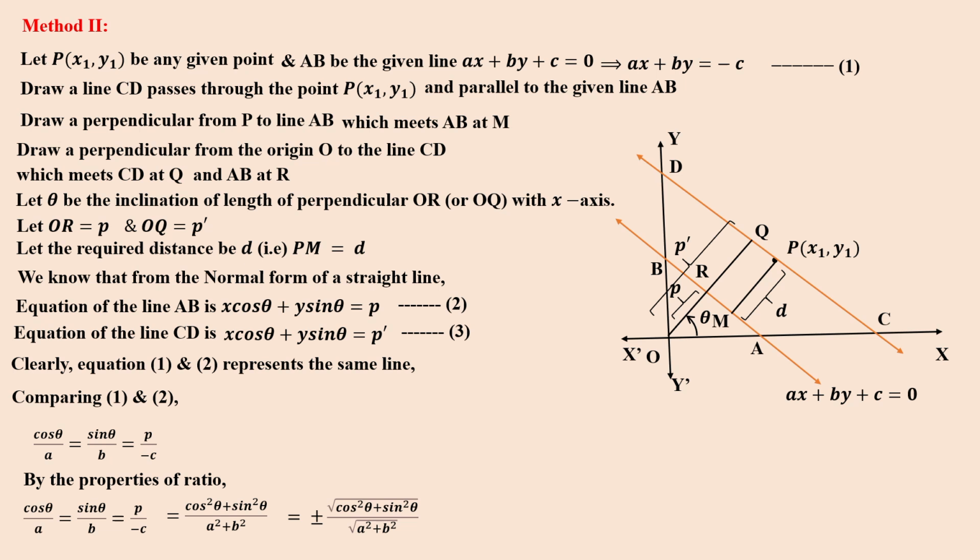This is the property of ratio. We are taking square roots. That is why we put plus or minus, because suppose we know x square equals 4, then x is equal to plus or minus 2. So it's the same thing. So cos square plus sin square is root 1, and root 1 is 1. So this is equal to 1 by plus or minus root of A square plus B square.